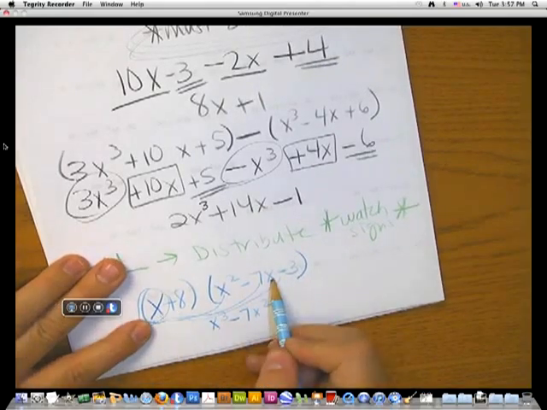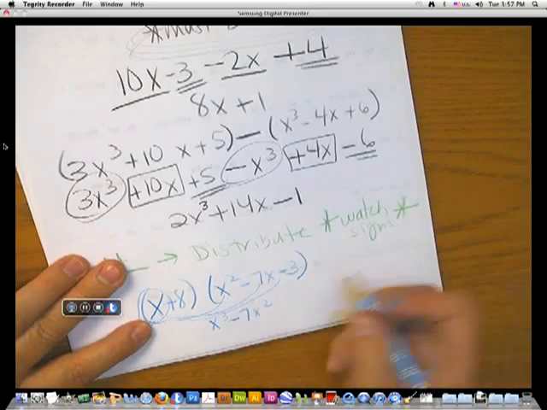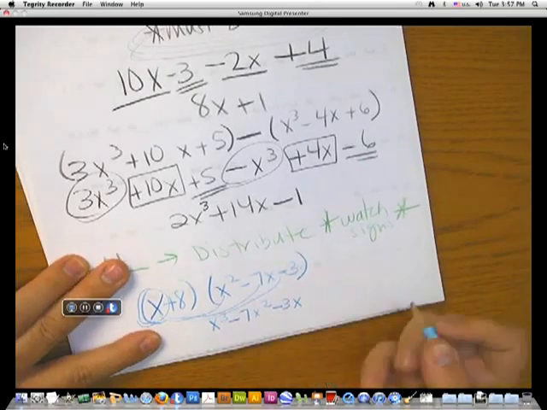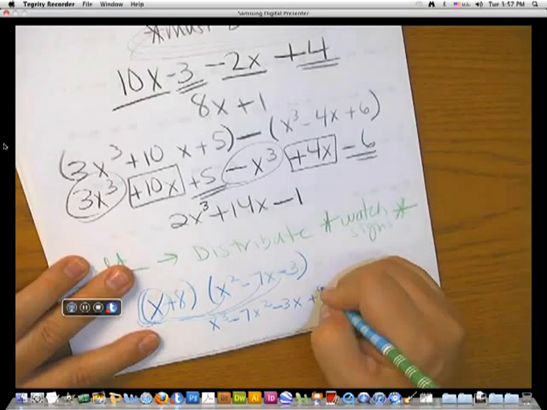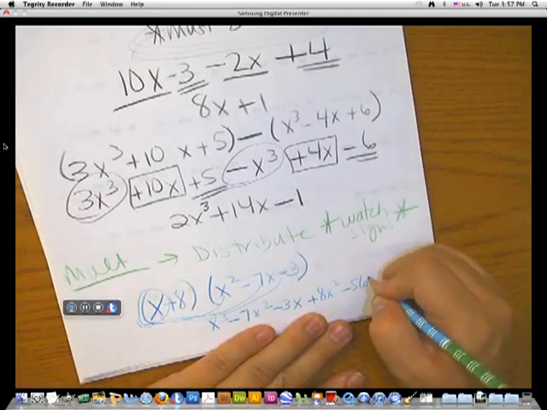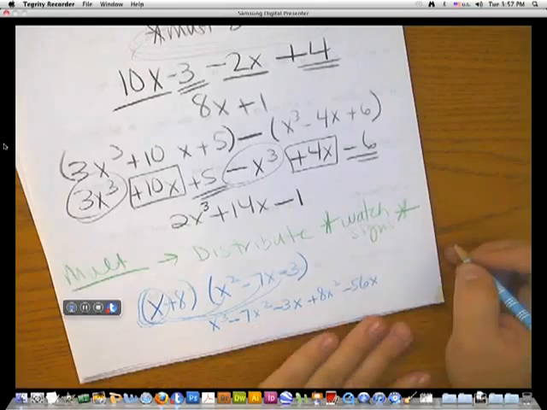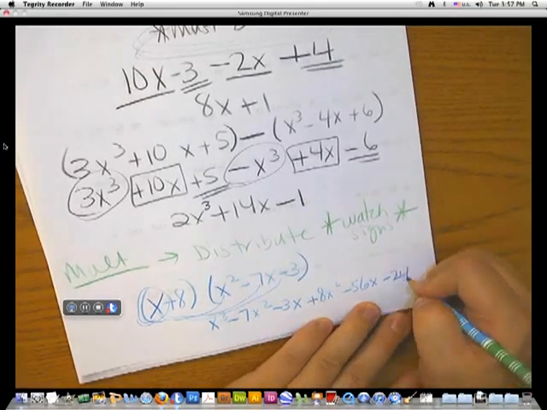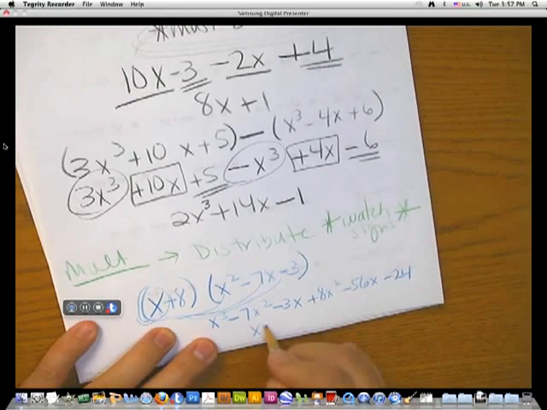Remember, when I multiply by letters, I add exponents. And then multiply by the 8. And then I combine like terms in order.